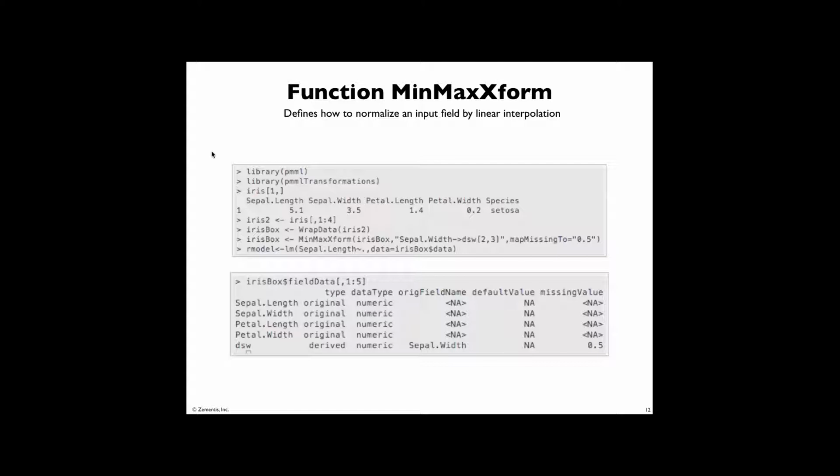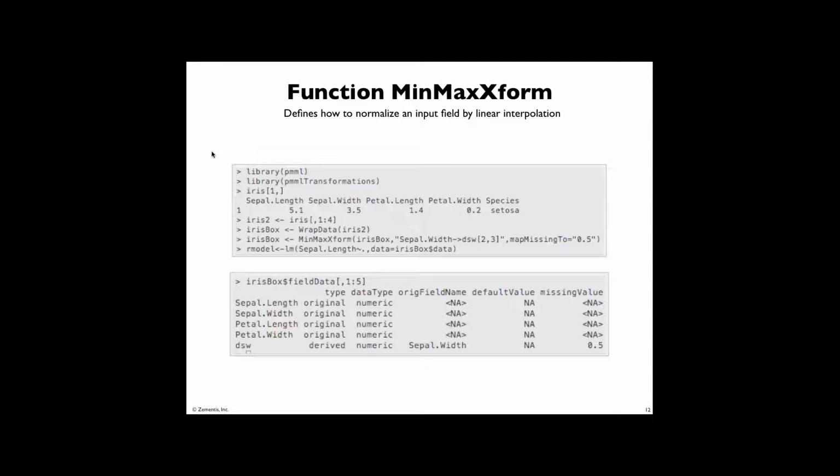So to do the transformations now, this is the common step you'll take always. You would use the wrap data function. You can see that iris box is assigned a value given by wrap data of the raw data, which is iris 2 in this case.